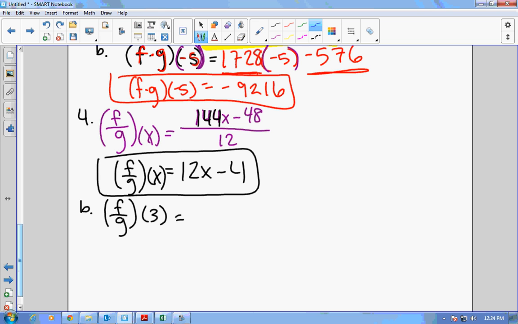What will I be plugging into? This. 12x minus 4. And what do I plug into that? The 3. On the x. Stand up when you have on your paper the correct answer. I will come check.